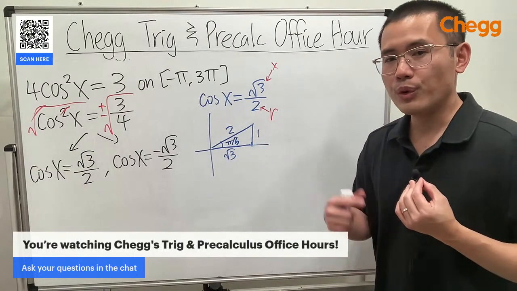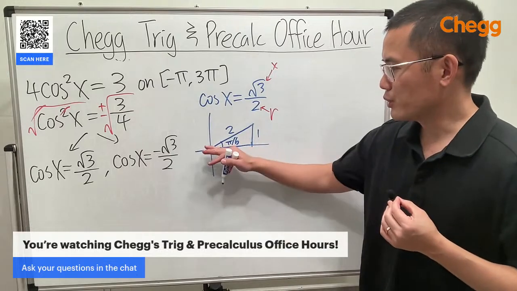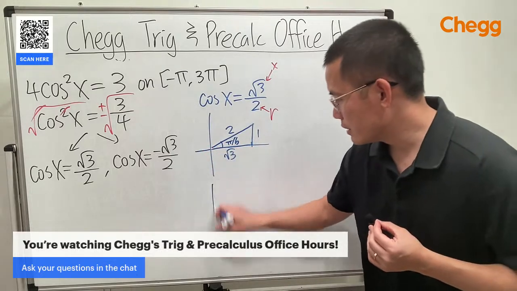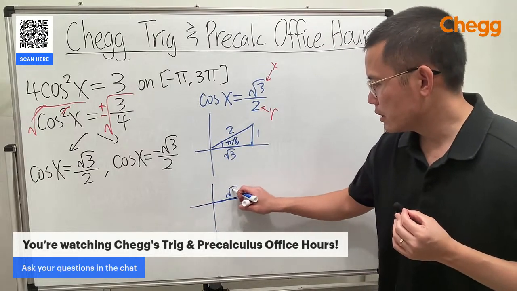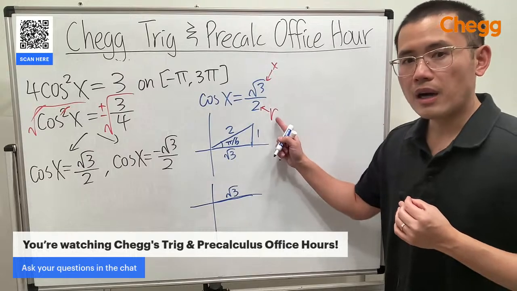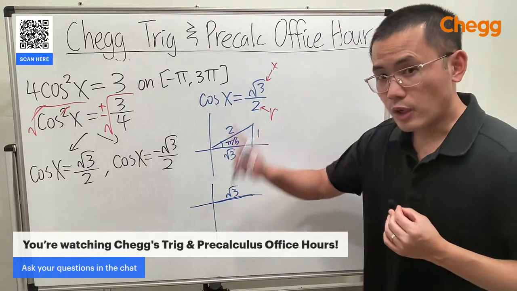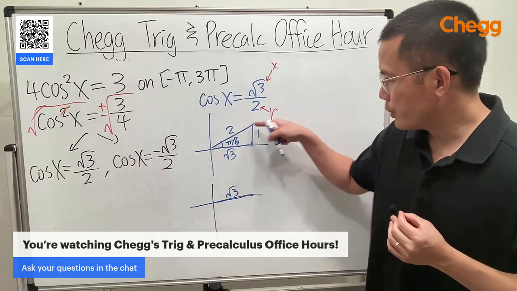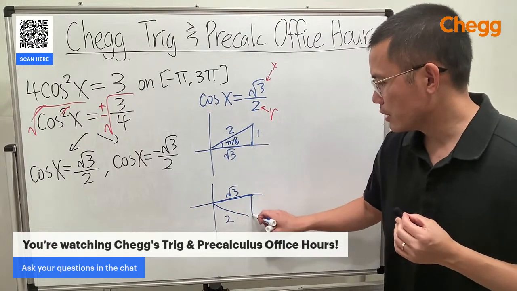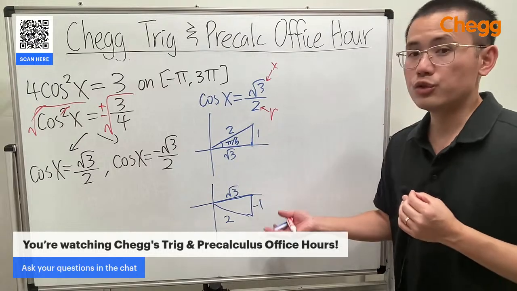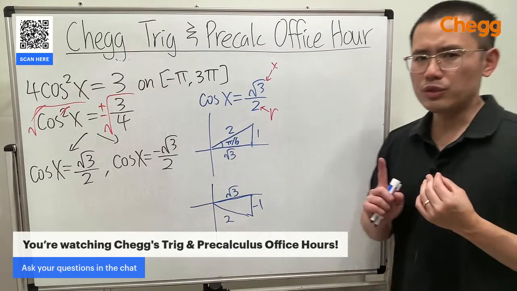But wait, we could also have gone the other way, because we could also have put the triangle right here. Here is still square root of 3, but r is positive 2. R is always positive. I could have put down the hypotenuse right here. Still positive 2. This now is considered to be negative 1. Now we have to be careful.